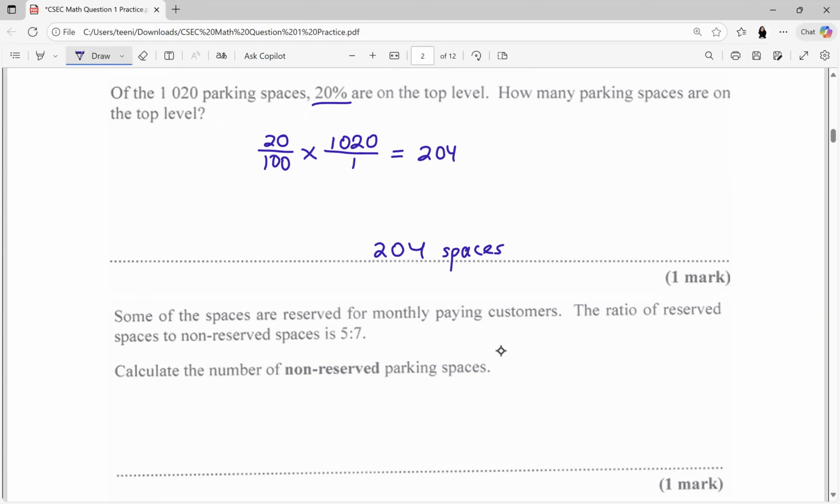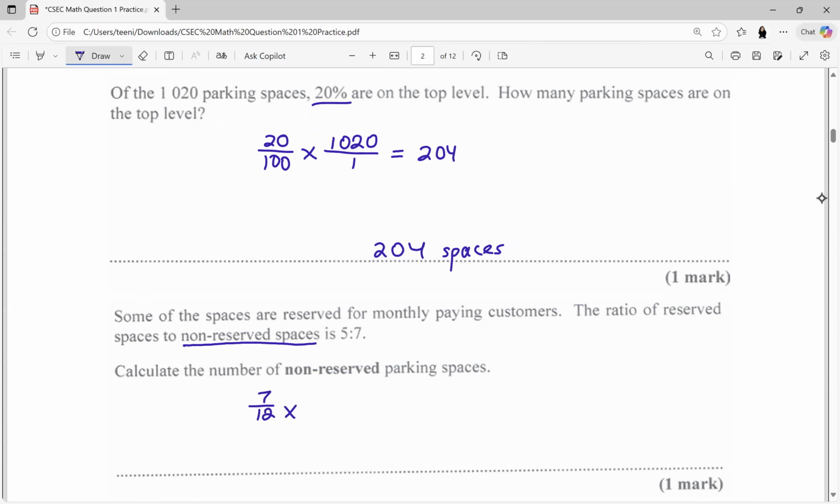So, what fraction of the shares would be allocated to non-reserved spaces? The non-reserved spaces would be 7 over 12. That's right. Work it out for me.